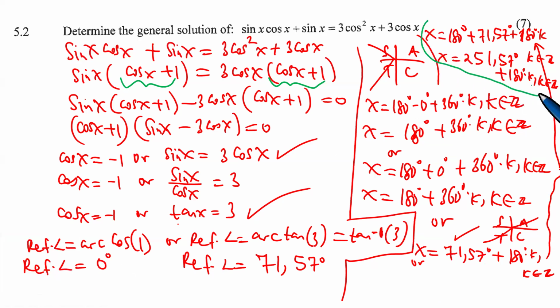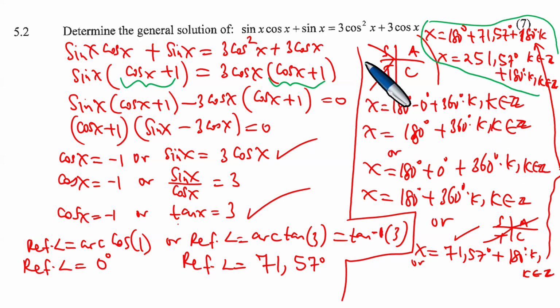Why? Because if k is 1 here, you already have 180 degrees plus 71.57, which is already 251.57. So this solution here and this one are exactly the same.